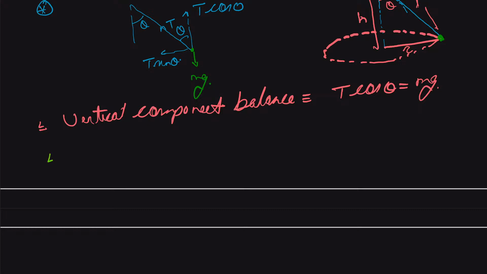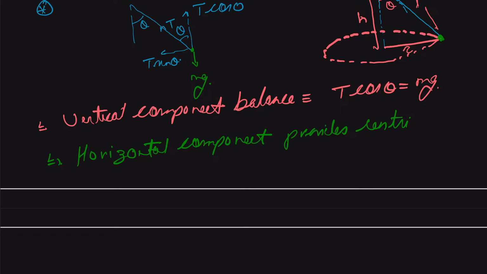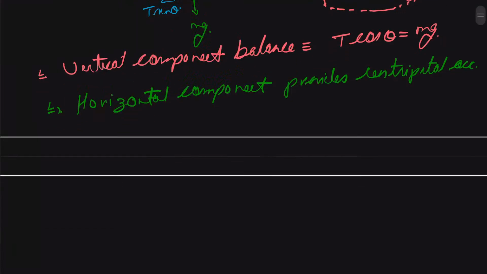Therefore, we can write that the horizontal component provides centripetal acceleration, and from here we can write that T sine of theta will be equal to m omega square times r.